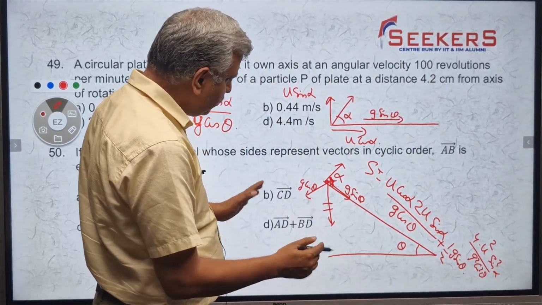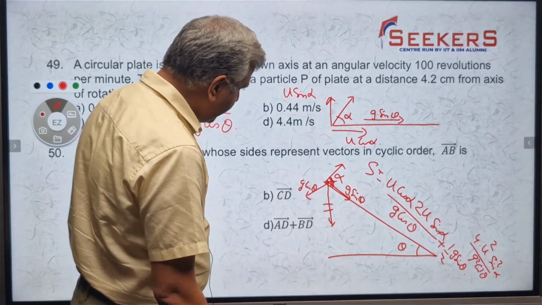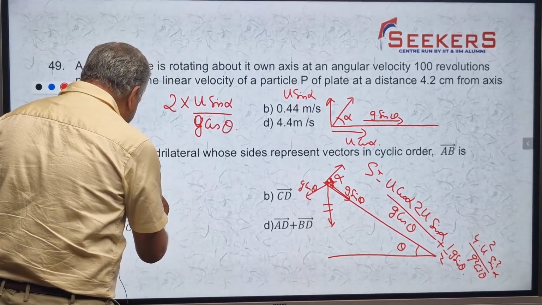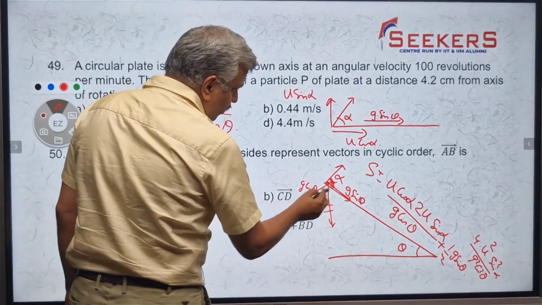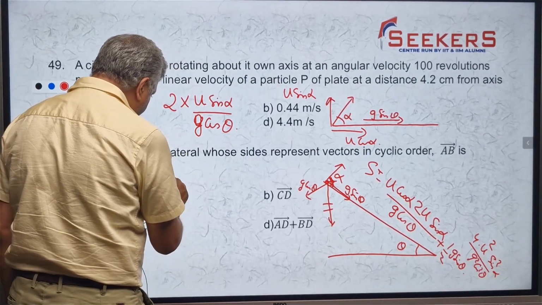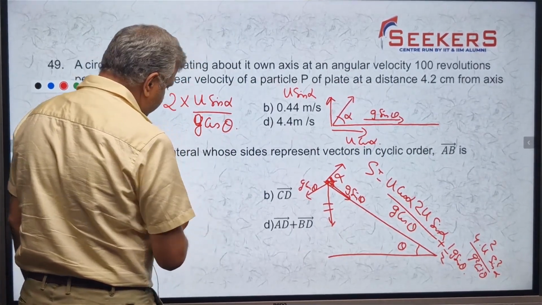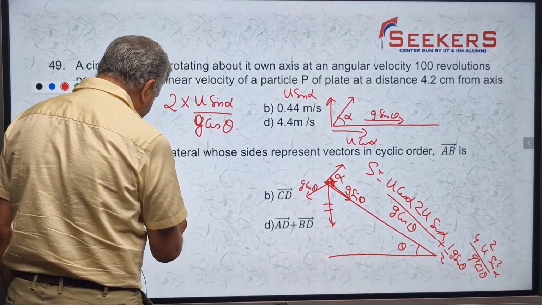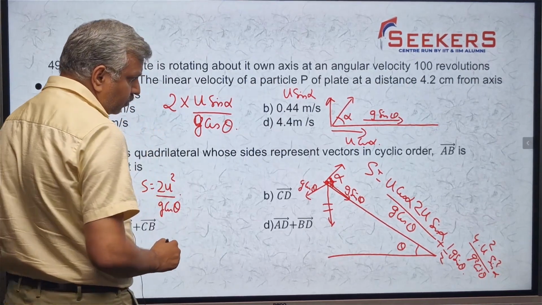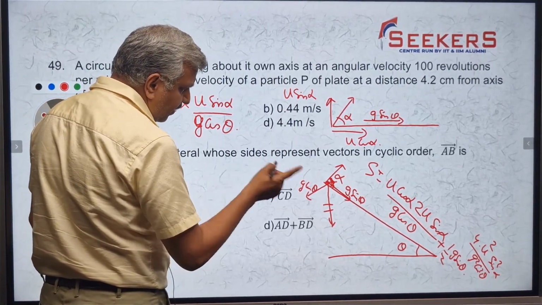So now I am going to sort it out and make it look a little better. I can say that S is equal to 2u squared by g cos theta into cos alpha sin alpha.